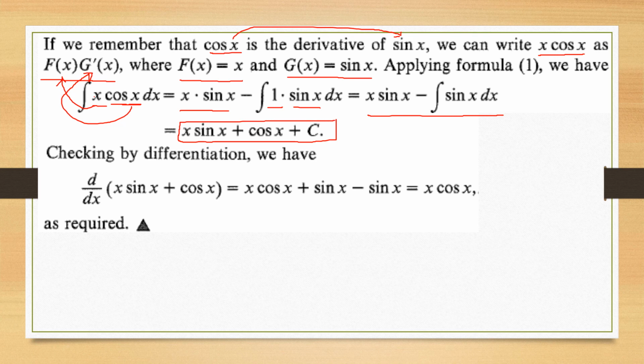Now we want to verify whether the obtained result is true or not. We can differentiate this with respect to x. If we differentiate this with respect to x, we obtain x as it is times the derivative of sin x, plus sin x as it is times the derivative of x, which is 1, minus the derivative of cos x, which is minus sin x.